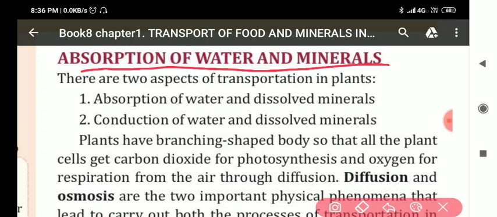There are two aspects of transportation in plants. First is absorption of water and dissolved minerals, and second is conduction of water and dissolved minerals.